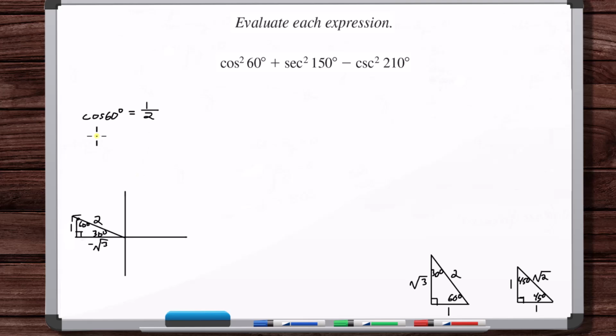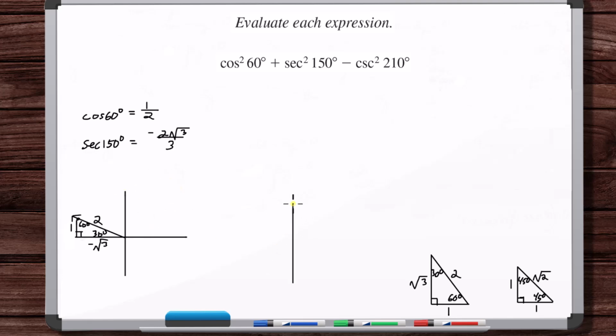So secant of 150 is what? Secant is the reciprocal of cosine, so hypotenuse over adjacent, that's minus 2 over root 3 times root 3 over root 3. That's minus 2 root 3 over 3.